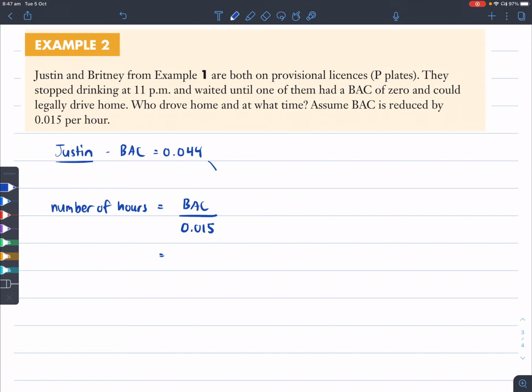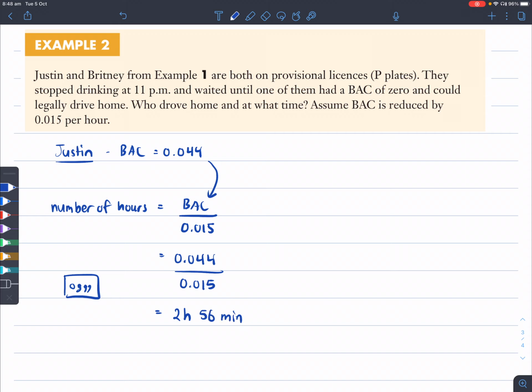So we're going to stick in that number, 0.044 over 0.015. Okay, so let me just do it on the calculator. 0.044 divided by 0.015. Okay, so that gives you like 2.933333. Okay, but once you press the degrees, minutes, seconds button, okay, which is this button here, you will get 2 hours and 56 minutes.